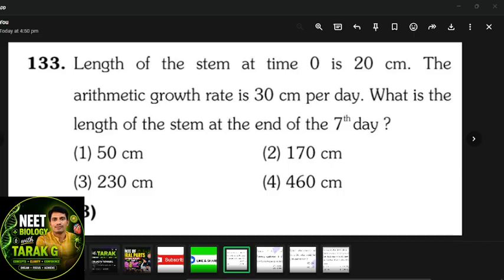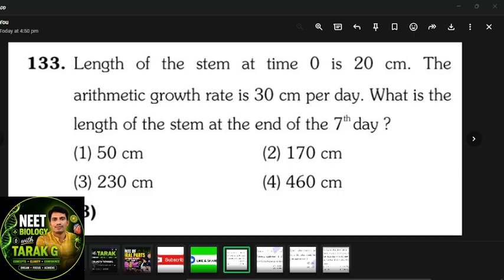Now it comes as 230. 20 plus 210 is equal to 230. Got it? 230 centimeters is the answer. The third option is the answer. I hope this is clear.